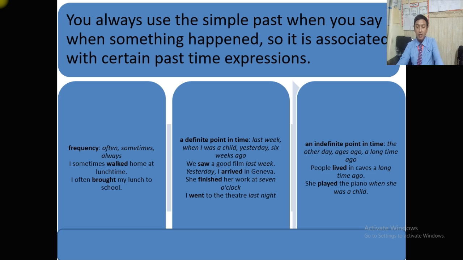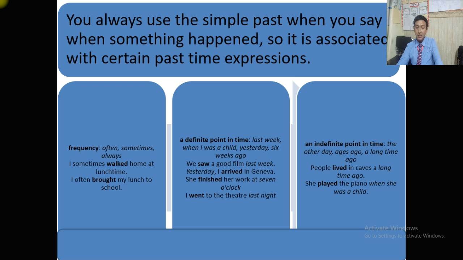Now come to an indefinite point in time. It is not really clear, but we can know that if someone wants to talk to you, they express a long time period of something that had been done.